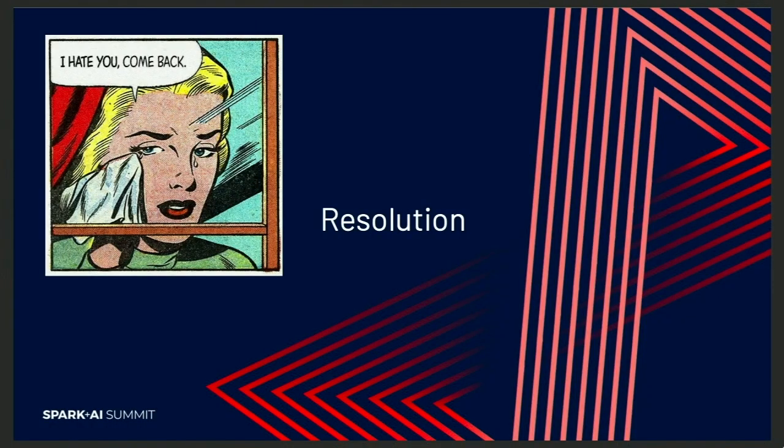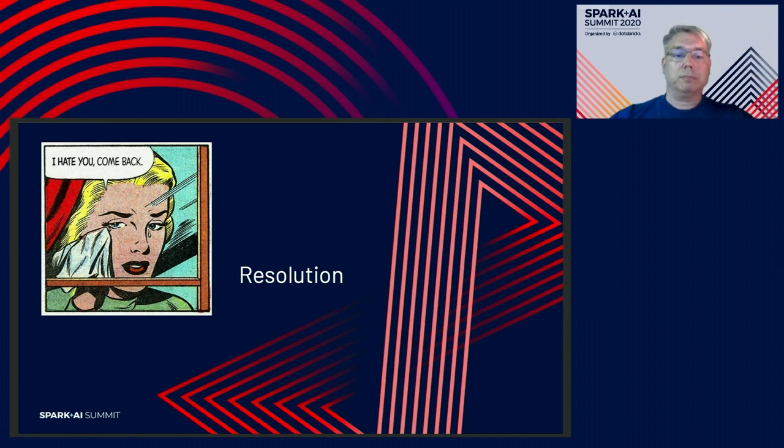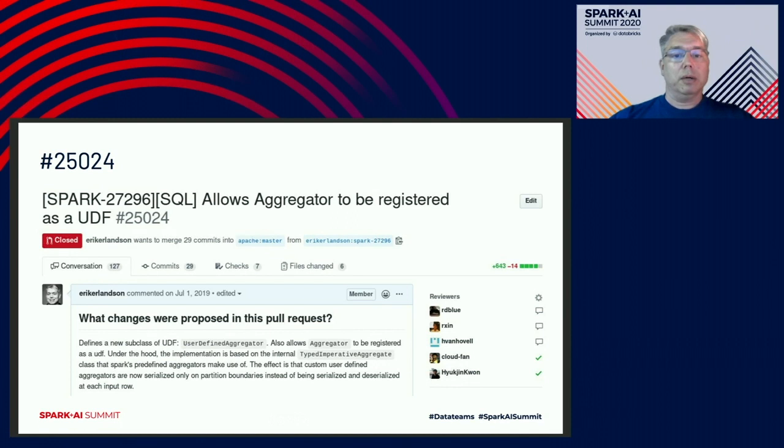But we never want to give up on the ones we love. And so last summer, I filed a pull request for Spark where I proposed a new mechanism for doing user-defined aggregation that didn't have the serialization necessity.